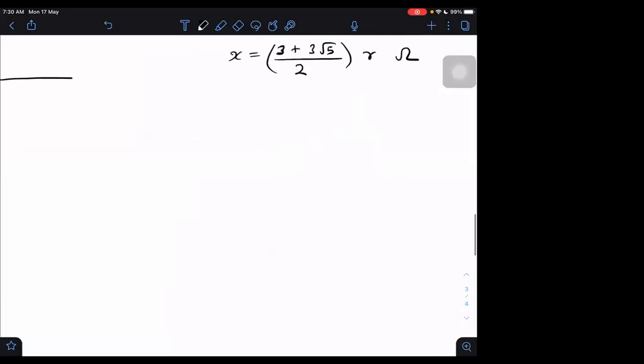Let us take another problem. This time I will take not a simple one where all resistances are equal, but I will increase the resistances.